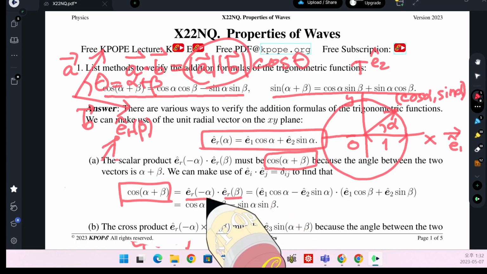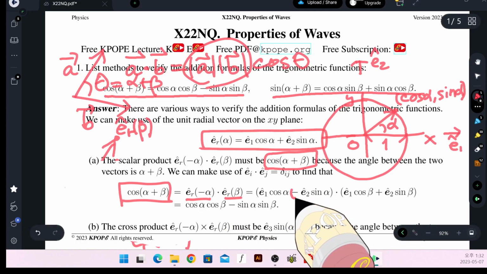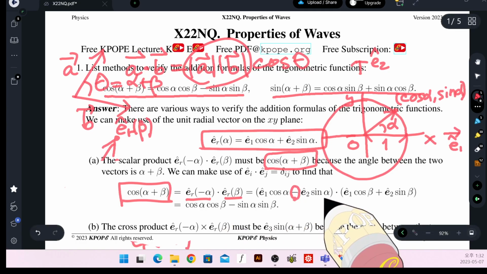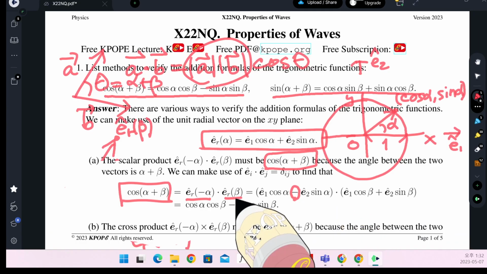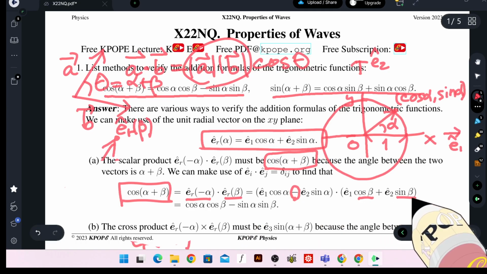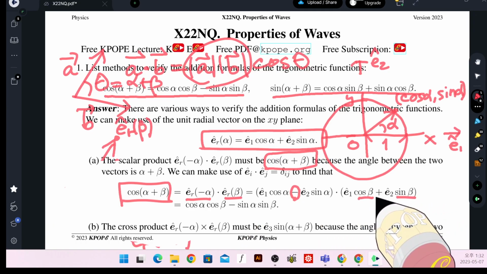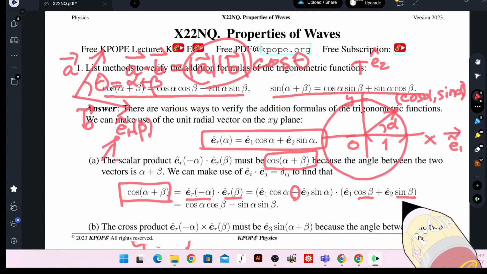Why don't we substitute the explicit value for minus alpha? Then we have a negative sign on sine, because sine of minus alpha is minus sine alpha. Next one, we have cosine and sine, with both of them positive sign.